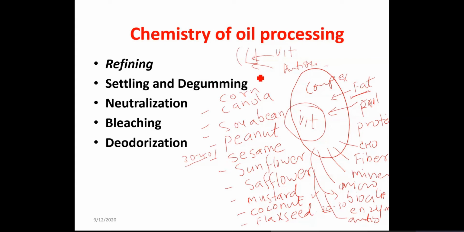that people would like to go for cold pressed oil, and it is more expensive than refined oil. A safflower oil which is refined you will get for around 130 rupees a liter.